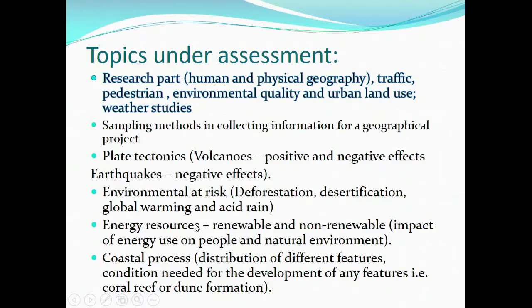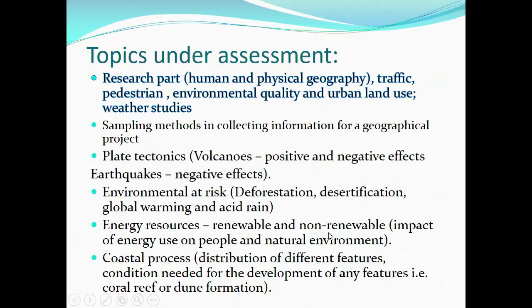Again, you need to look at the energy resources. This topic, you really need to study and understand very well, because you need to know the energy that you have to group as the renewable sources of energy and the non-renewable sources of energy. The advantages and the disadvantages of using either renewable or non-renewable sources of energy.